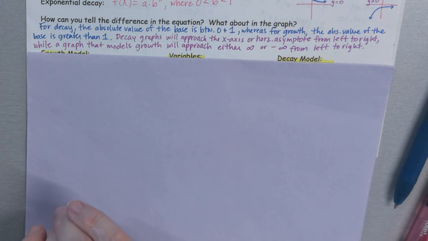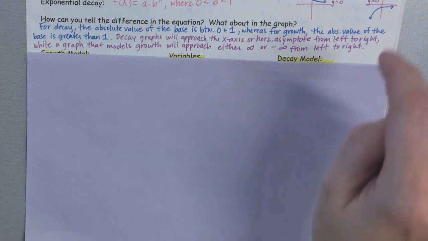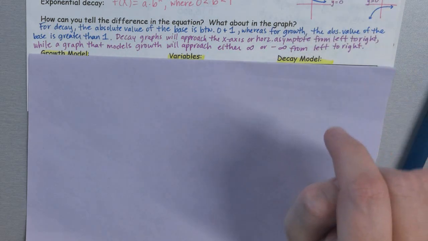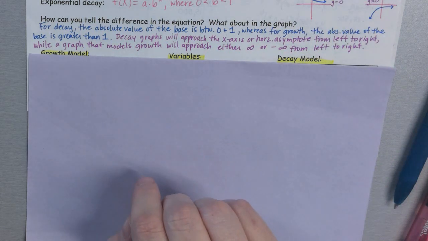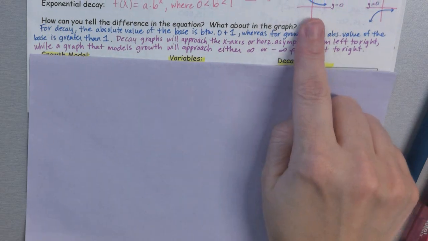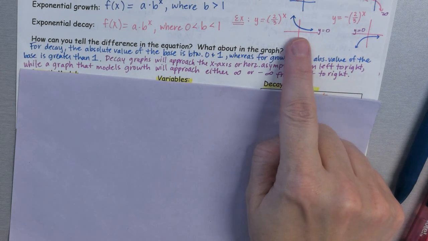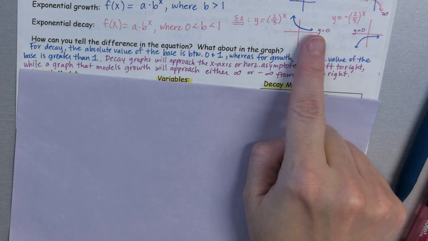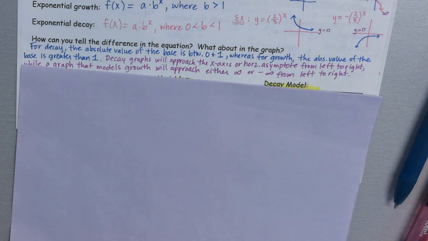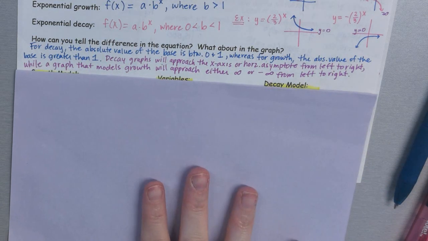Now, what about in the graph? With both of our graphs that we did up here, we talked about what it's approaching. If it is a graph of decay, both of these happen to approach the x-axis. That's what we're working on today, the fundamentals.